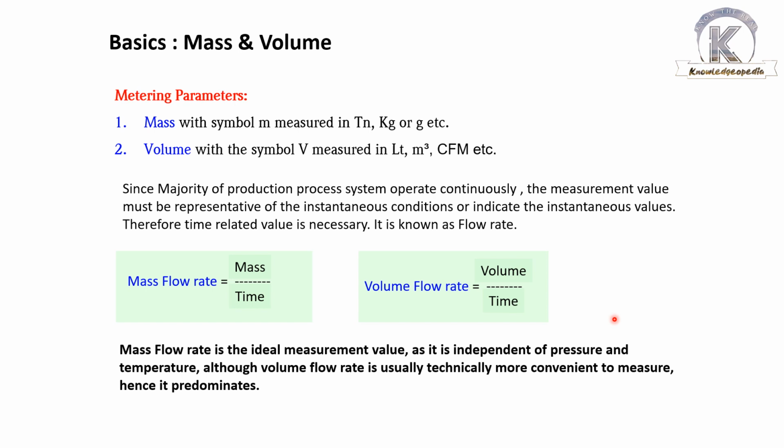Therefore a time-related value is very necessary. It is known as flow rate. Based on that flow rate, different process parameters are adjusted, different valves get opened and closed, and different processes are maintained.